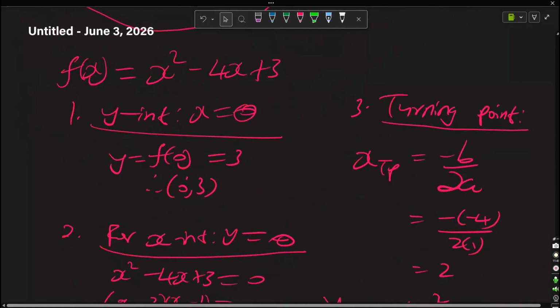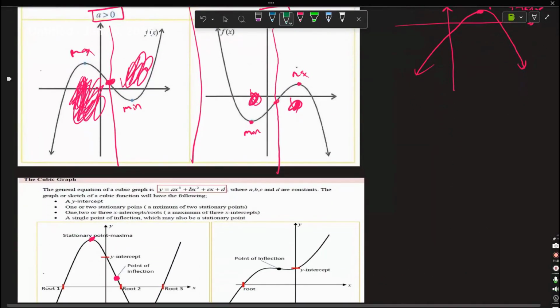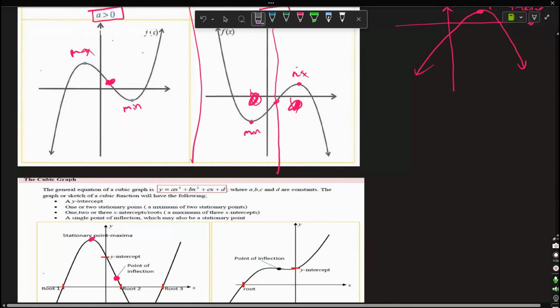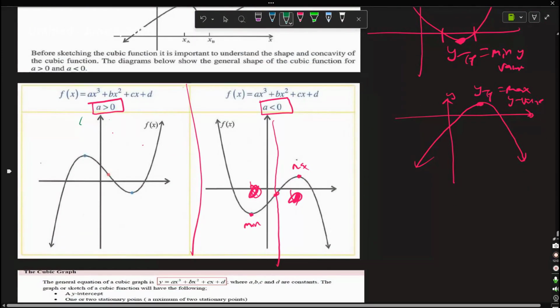So now let's go back to cubic functions a bit. Let's diagnose this. I'm going to partition the graph into 3 parts. I'll have region 1, region 2, and region 3.